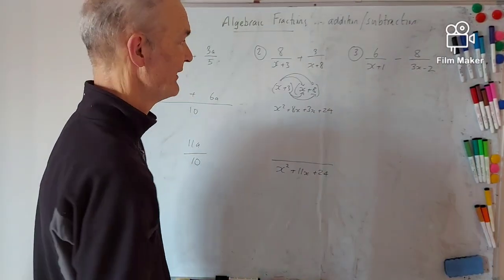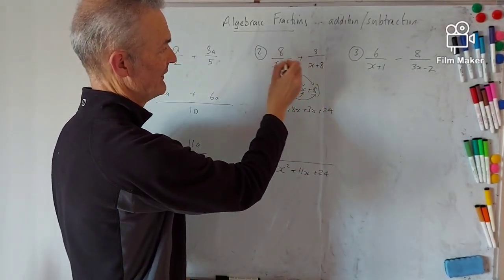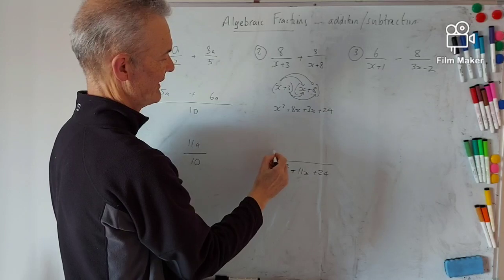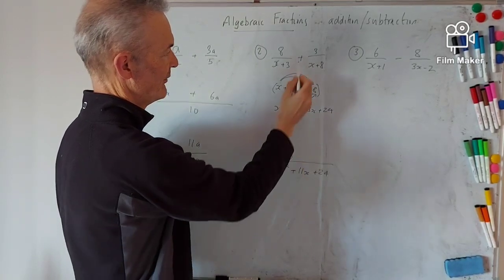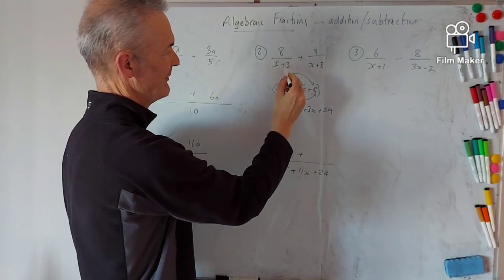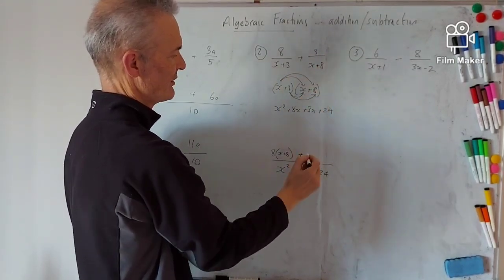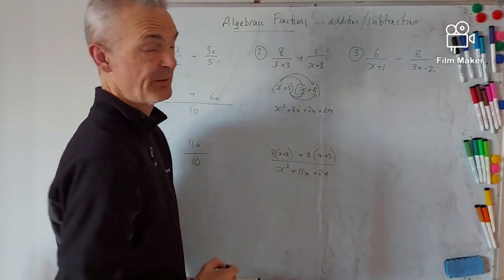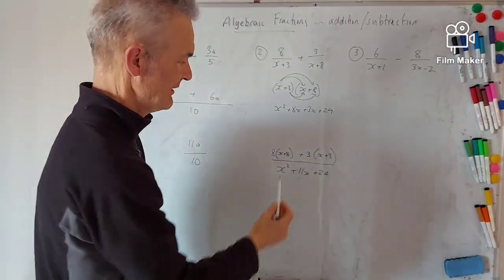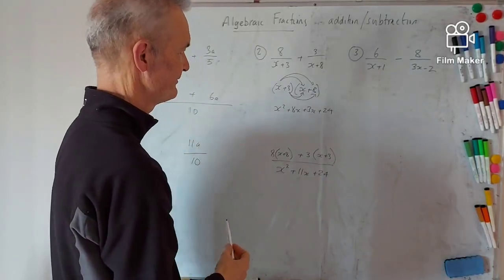And then our numerator, remember we multiply in this direction. So we're going to get 8 and then x plus 8. We're adding. And then we're going to go multiplying in this direction, so we're going to get 3 x plus 3. So we're going to look like that. Now we can simplify the top.